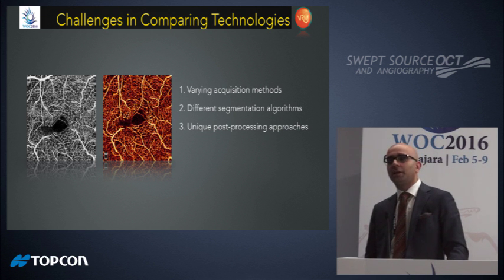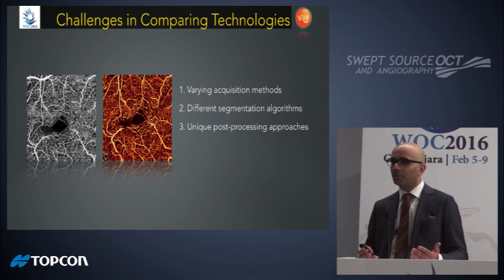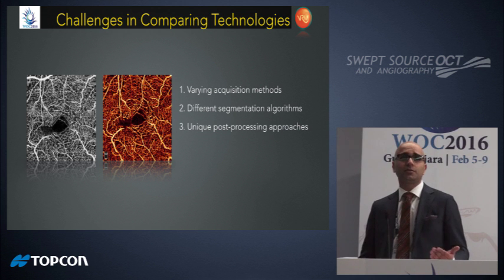So taking a look at that, the challenge in comparing technologies such as swept source and spectral domain is we're not really comparing apples and apples. They are different in a number of ways. First, of course, in the way in which they acquire images. They use different segmentation algorithms, and Vas pointed out earlier that segmentation is very key.